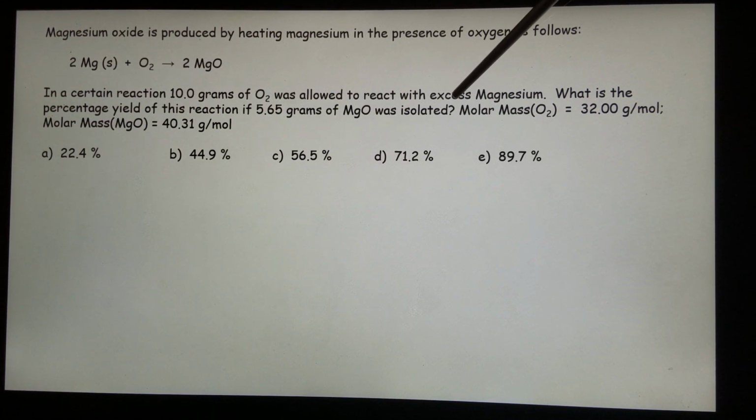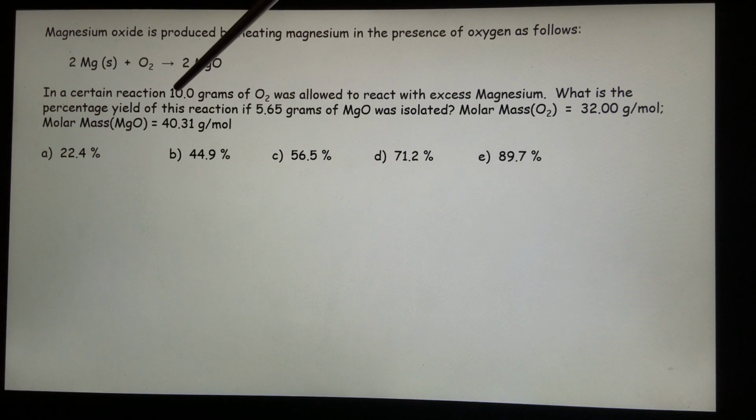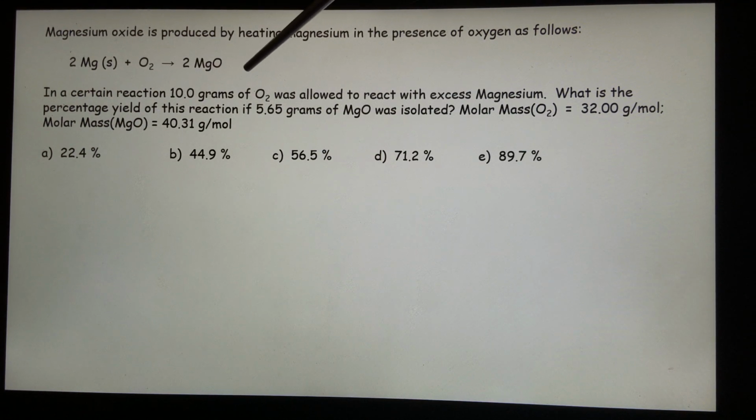Please note, this information, excess magnesium, tells you oxygen is the limiting reactant. If it doesn't say that one of the reactants is in excess, then you have to actually work on the very first part: finding the limiting reactant.